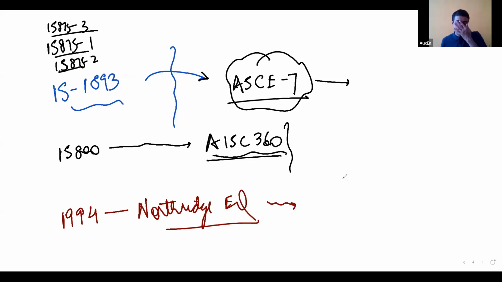Anyone who has heard about the Northridge earthquake? Those who have done their masters and have worked on time history, usually we use time histories of these past earthquakes. So I think Northridge is one earthquake whose time history is used for analysis.